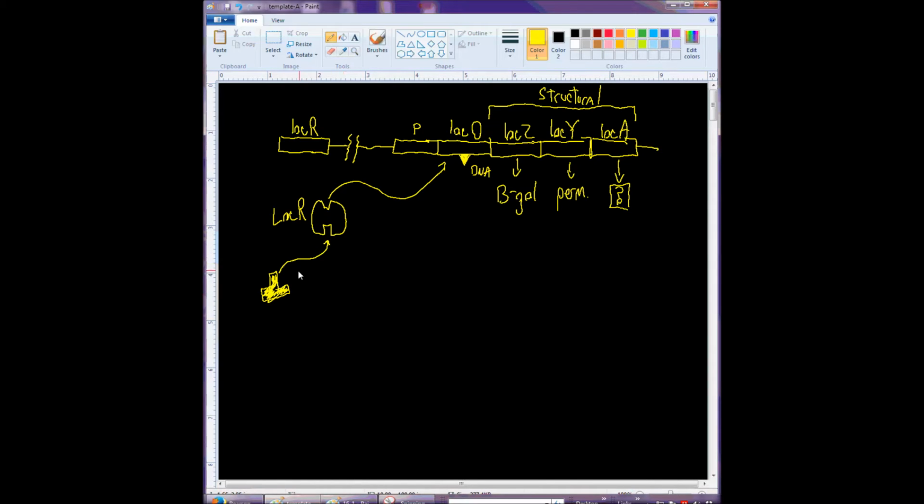So if lactose was present, it would fit into a little spot on the LAC-R protein, and it would cause an allosteric shift, which is a change in protein shape, and it would pretty much get rid of that site in the LAC-R protein, which has high affinity for the repressor binding site on LAC-O.